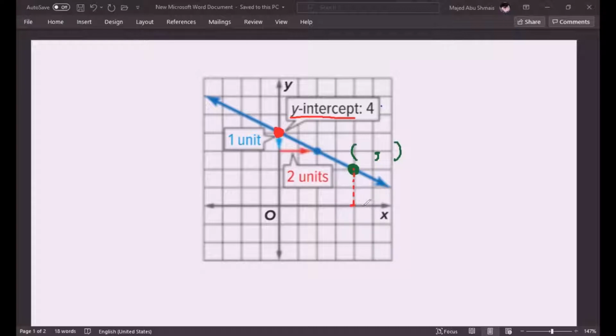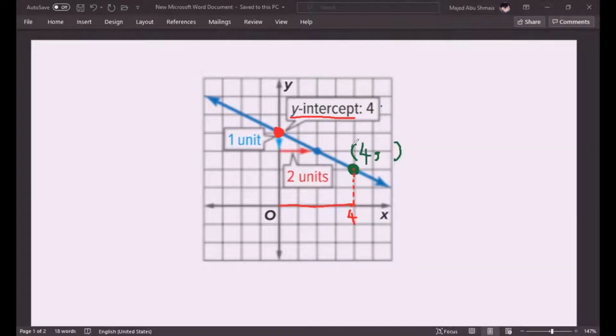We can count the squares, right? Instead of writing numbers, we can just count 1, 2, 3, 4. So we know that this is 4 on the x-axis. So now what is the x coordinate of this green point? It is 4. So we can write that x is 4.